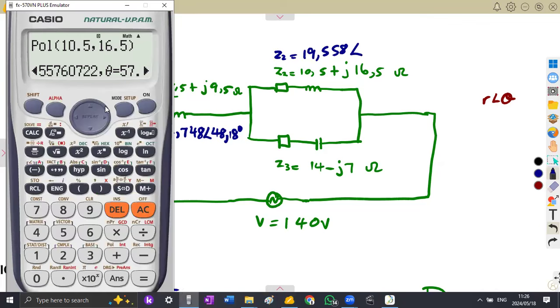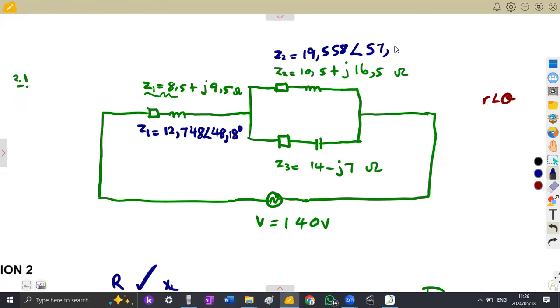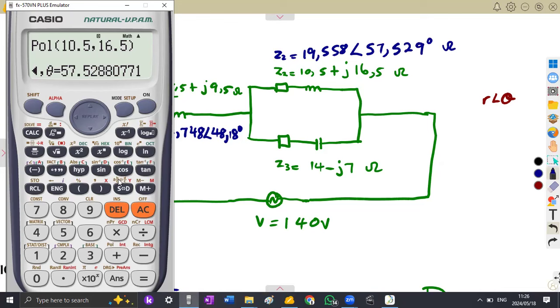Then the angle theta is 57.5288, which is going to be 57.529 degrees. All right, so I've got Z2. The same thing with your Z3 to polar form. So just have a tendency of doing this so that later on, you're not going to have a challenge whenever you're calculating your values.